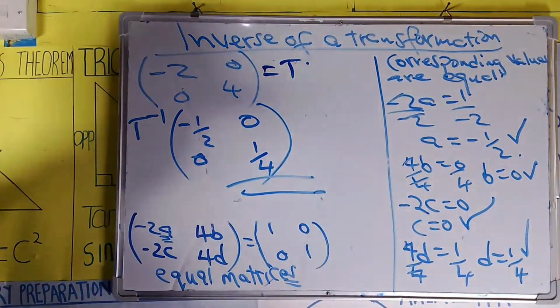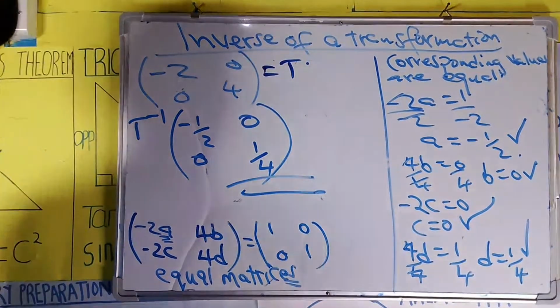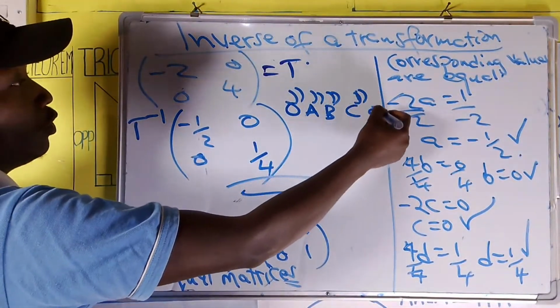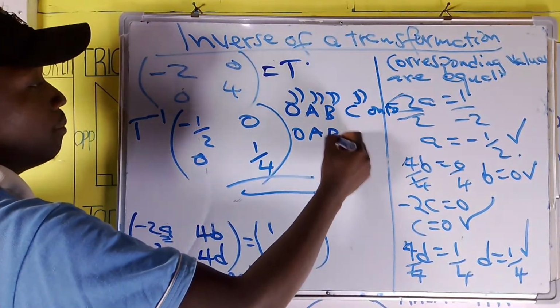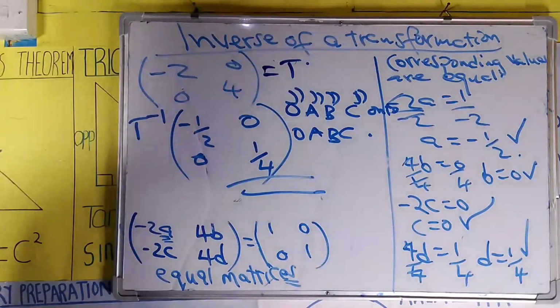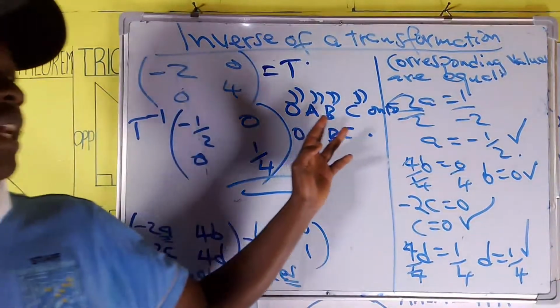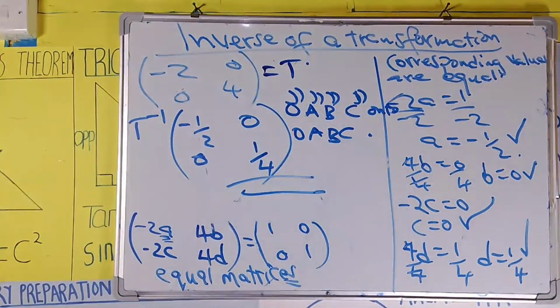So that will be the single matrix of transformation that maps O double prime, A double prime, B double prime, C double prime onto O, A, B, C. That will be the single matrix that maps the second image onto the object. It is the inverse of a transformation.